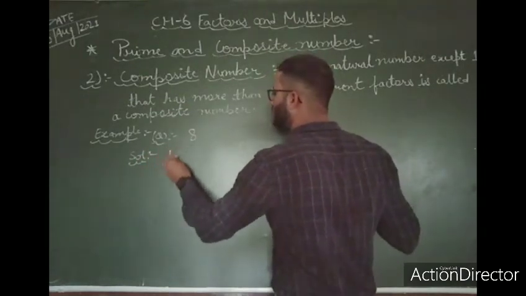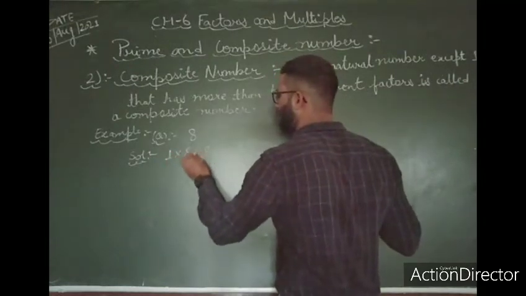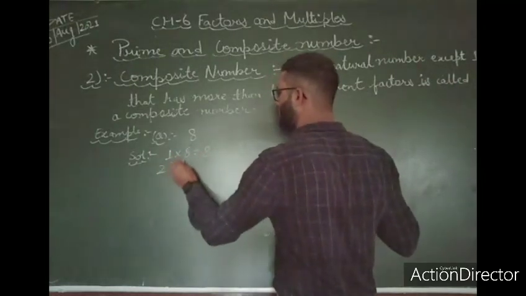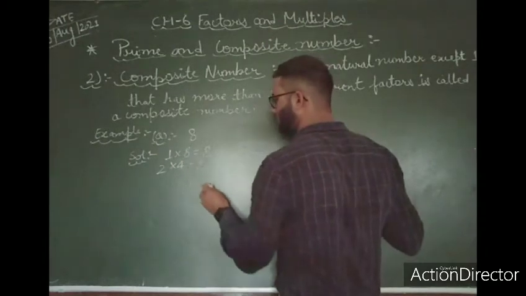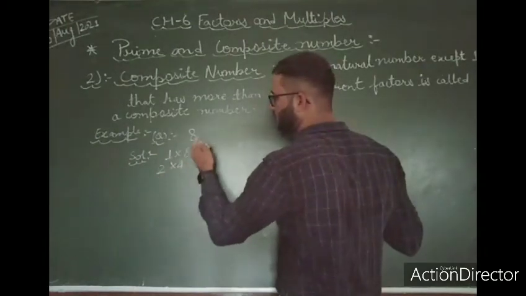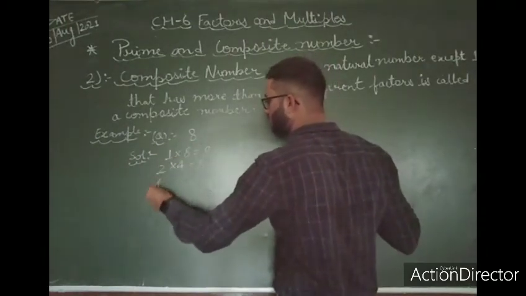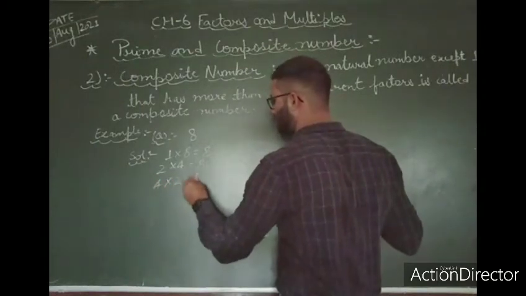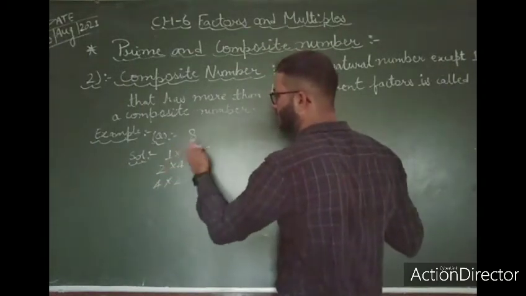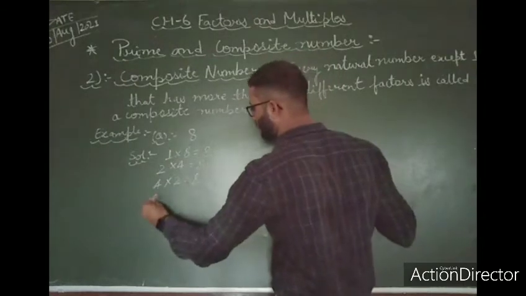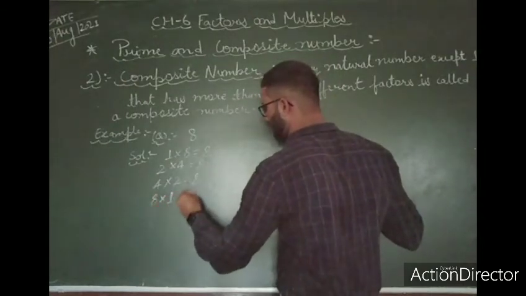1 multiplied by 8 gives 8, then 2 4s are 8, then not divisible by 3, but 4 2s are 8. Not divisible by 5, 6 and 7, but by 8, 8 1s are 8.